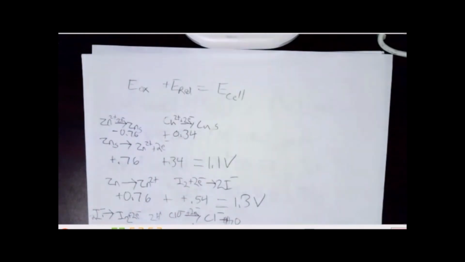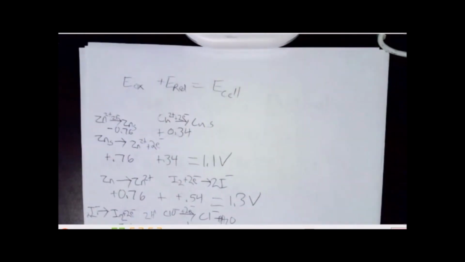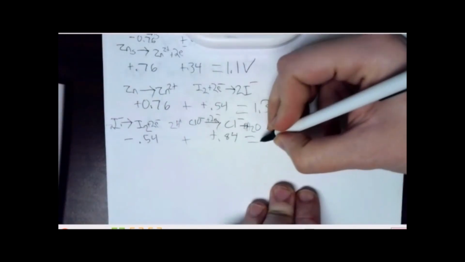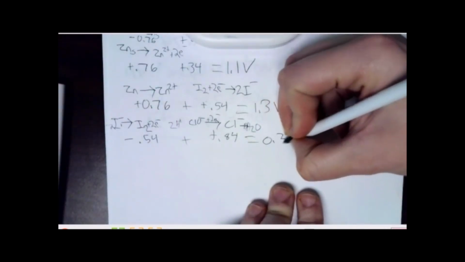So we add these two values together and would get a voltage of 0.3 volts. So it's negative 0.54 because the iodine is occurring in the opposite direction.